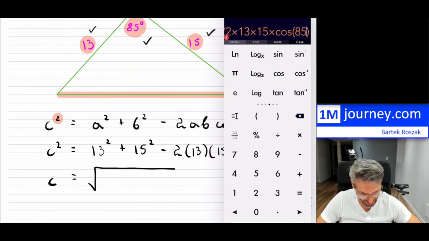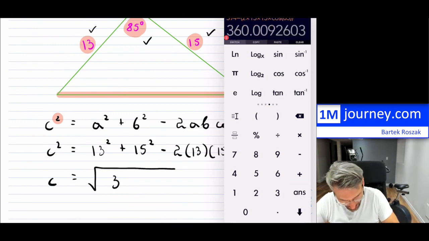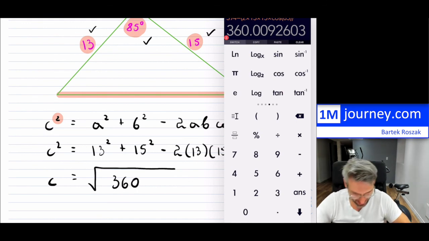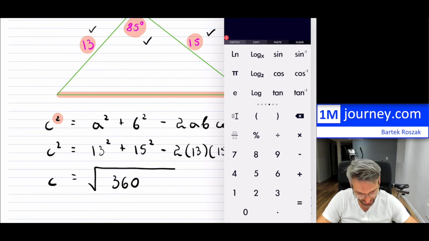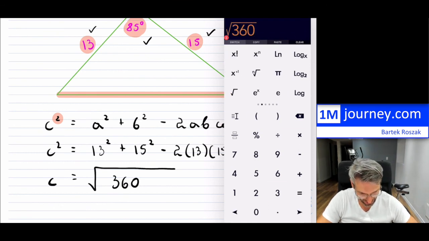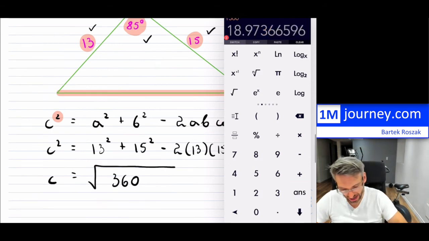That equals approximately 360. Now in order to find my C, I'll take the square root of 360, or whatever that answer is if you want it really precise, and that would be our answer.